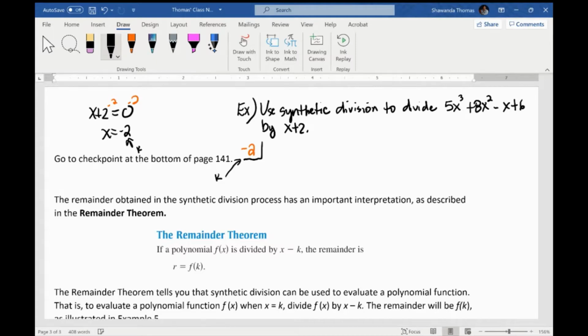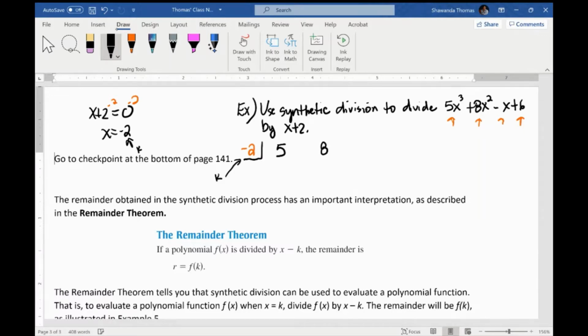Now, what do we put along this row here? First number? It's 5. We're doing all of the coefficients and the constant. 5, next number, 8.